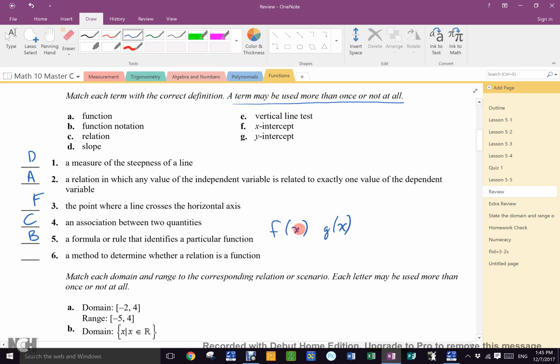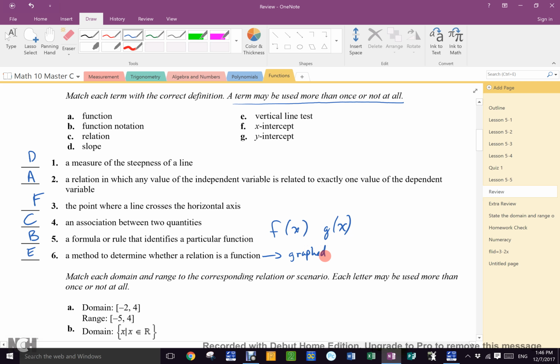The f and the g say they are different. And number 6, how do we determine if a relation is a function? E, the vertical line test. When does that work? When it is graphed.